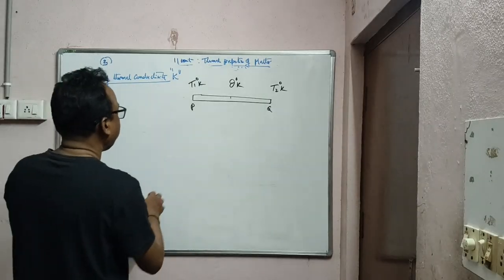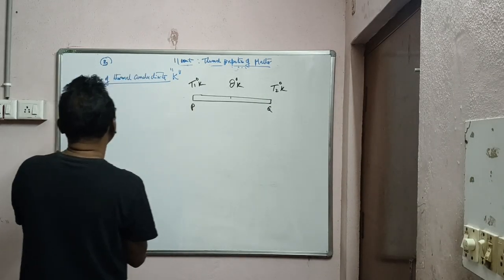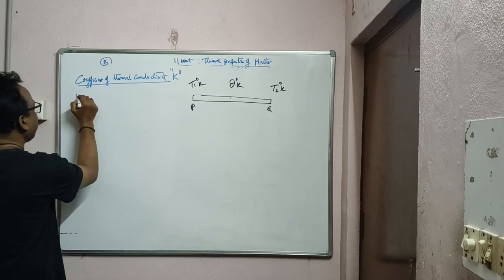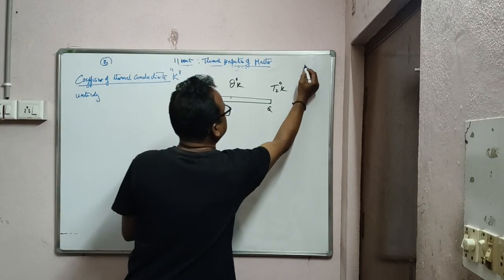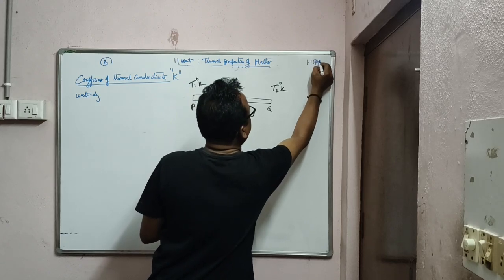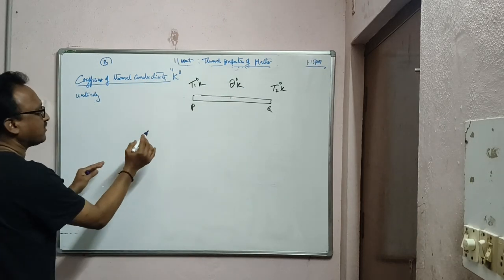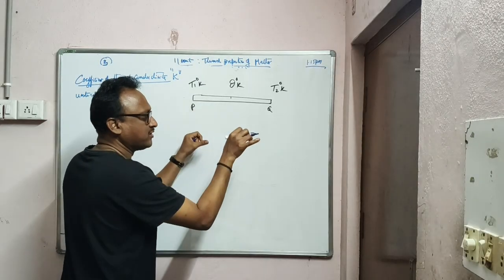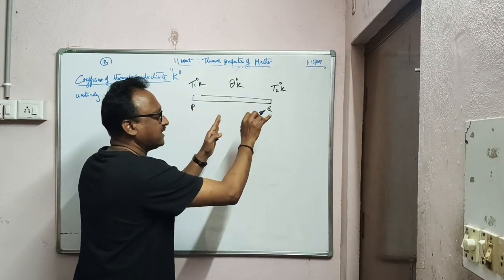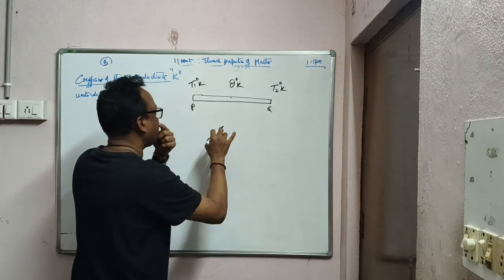So first of all, when you are heating at one end, what is unsteady condition? In unsteady condition, the heat is given to this end, and due to the vibration of the molecules, the heat is transferred to the next point by the molecules.